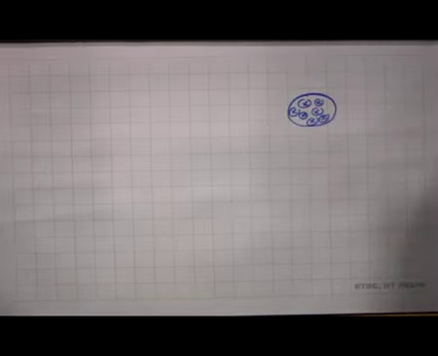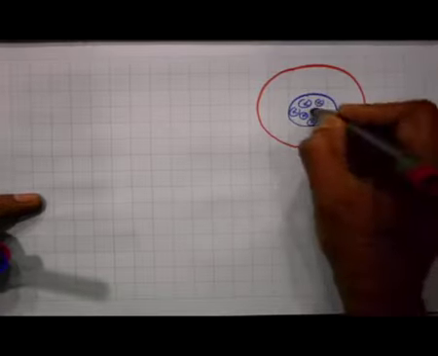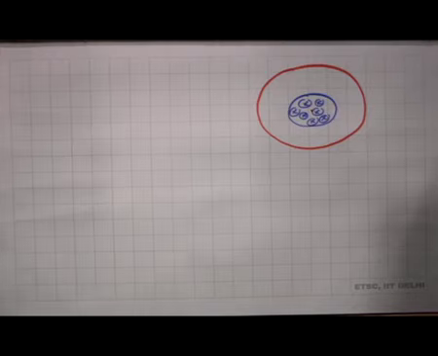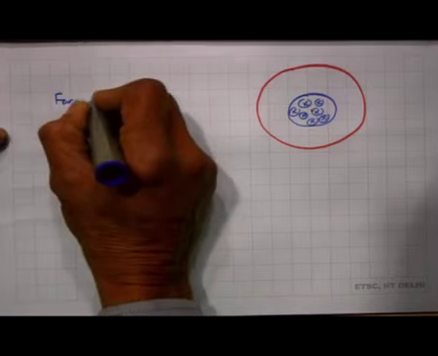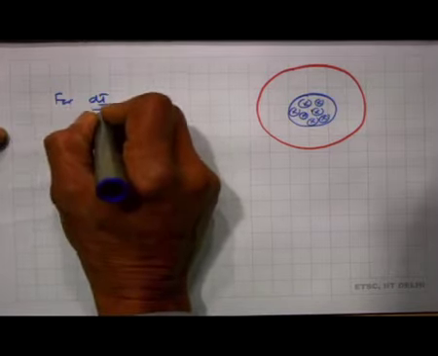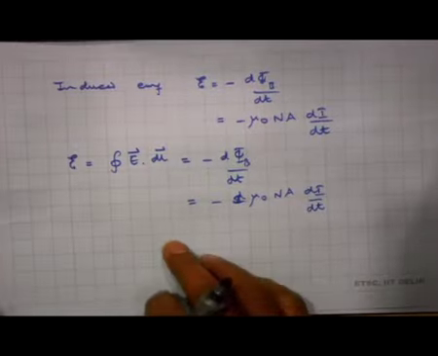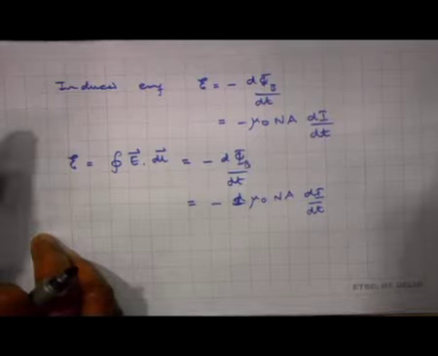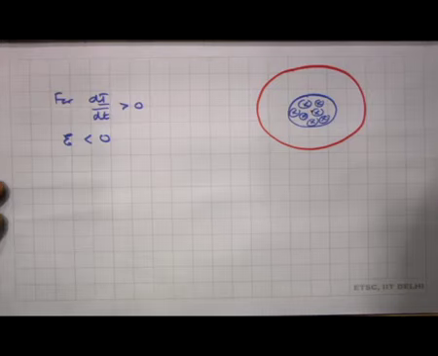So, let me draw the conducting loop concentric with this, that is the conducting loop outside. So, for dI by dt greater than 0, induced EMF is negative.